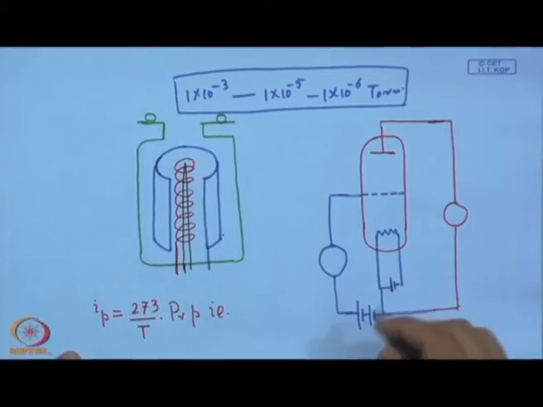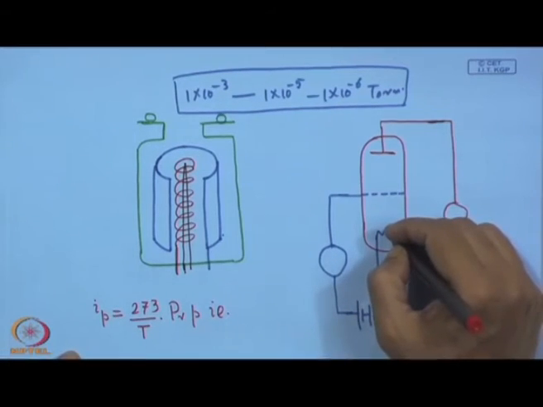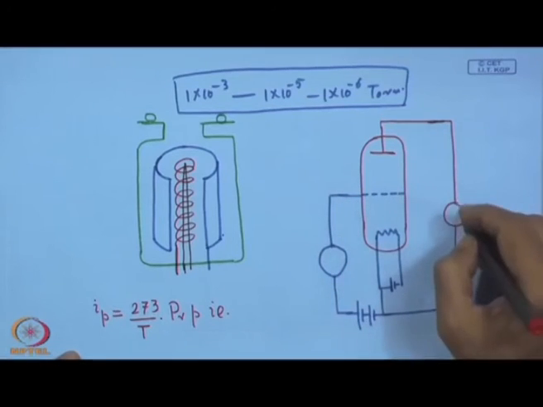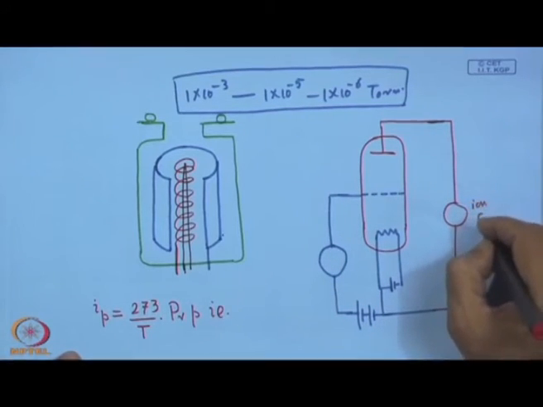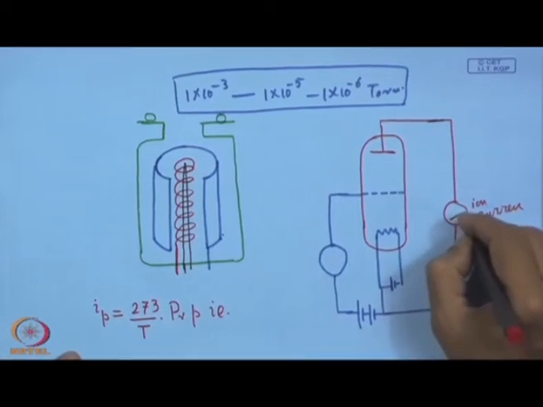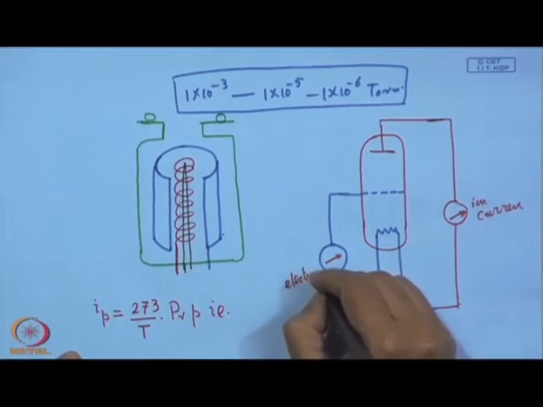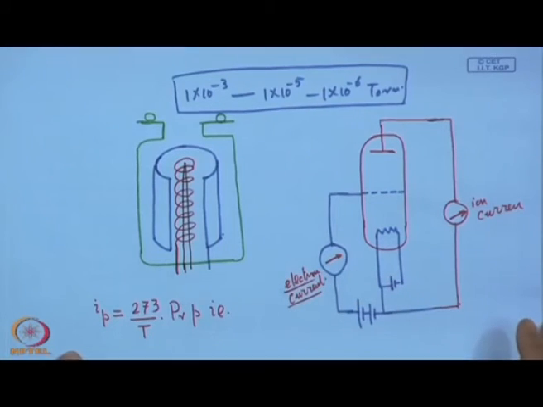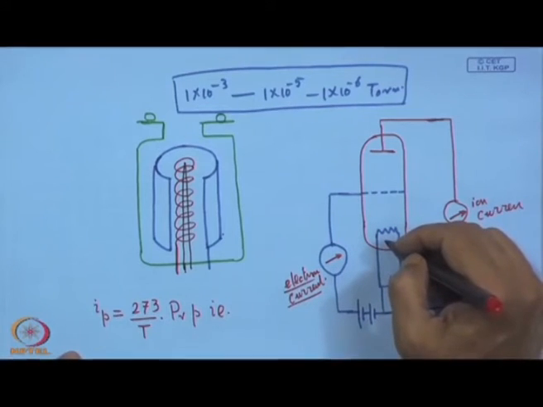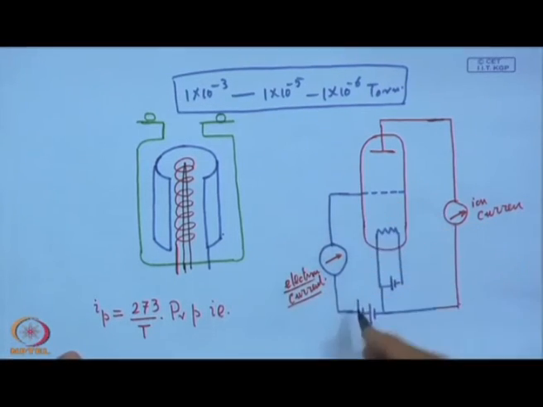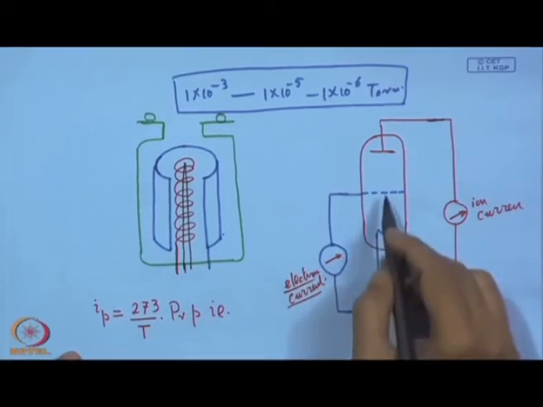So, what happens? This is the electron emitter, and this is the residual gas. This is the ion current and this is the electron current. As the electron is emitted, it will move towards this positively biased collector, which is in the form of a helix, like a ring.